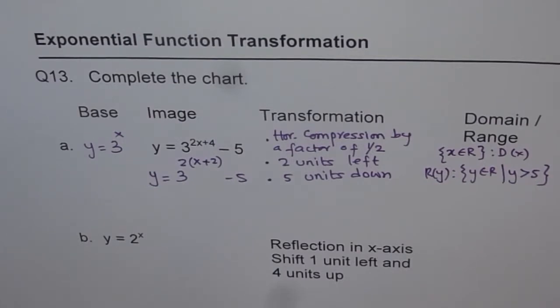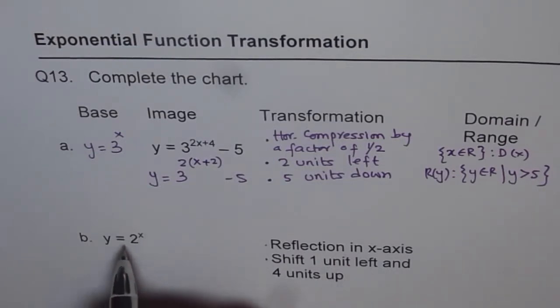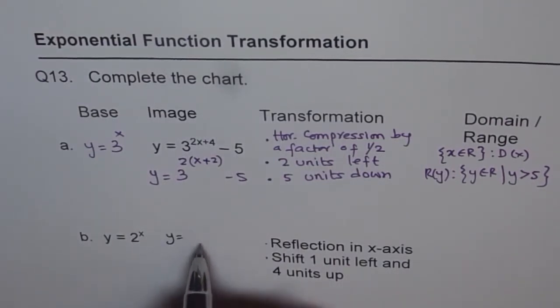Now let's move on to the next part. Y equals 2 to the power of x, and the transformations given to us are reflection on x-axis, shift of 1 unit left and 4 units up, right? So what we can do here is reflection on x-axis means that there is y equals to minus, right?